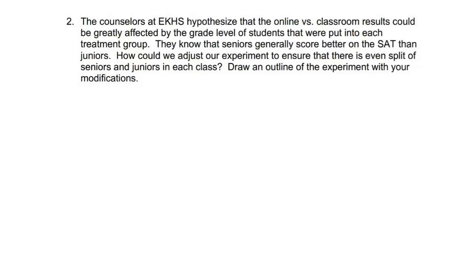I like that because you're making sure you're getting some in each group. The problem's going to be if your group that has the 20 juniors and the 5 seniors in it, we already expect our seniors are going to perform better, right? So if you have 20 juniors and 5 seniors in one group, my expectation would be that group is probably going to score lower, and it has nothing to do with which prep class they were in.